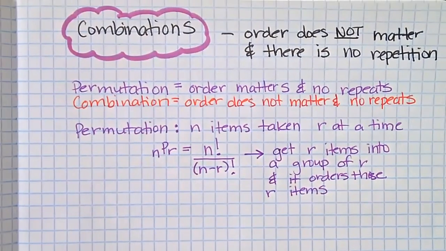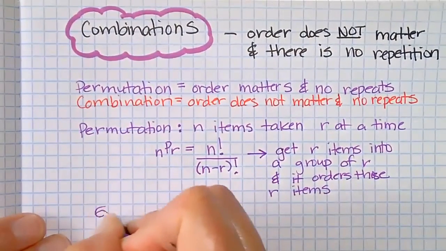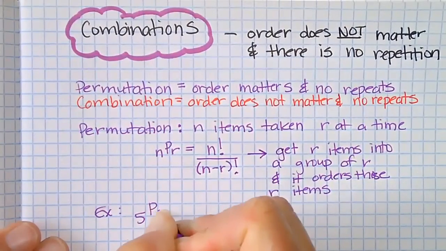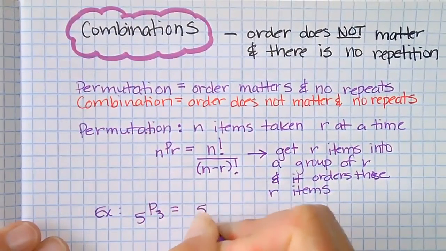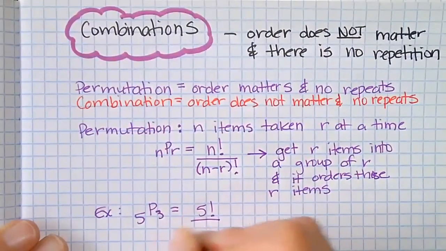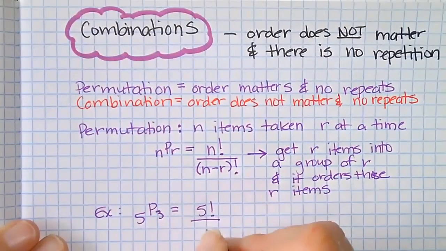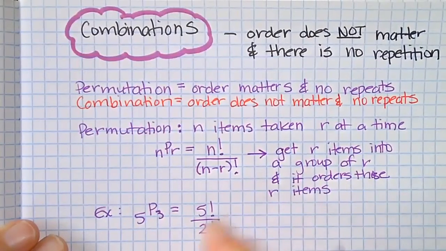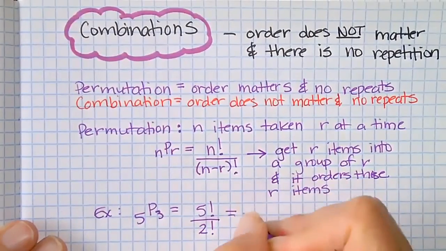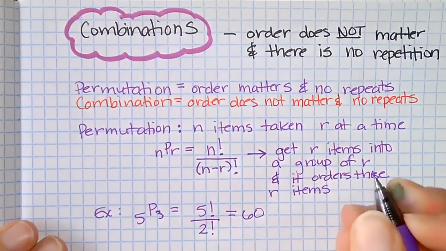Now, example, 5P3 is equal to 5 factorial over the ones we didn't pick, which we chose 3 out of 5, which means 2 did not get picked. So we're going to take out all the ways we can arrange those 2 items. And that's going to equal 60 when I put that into my calculator.